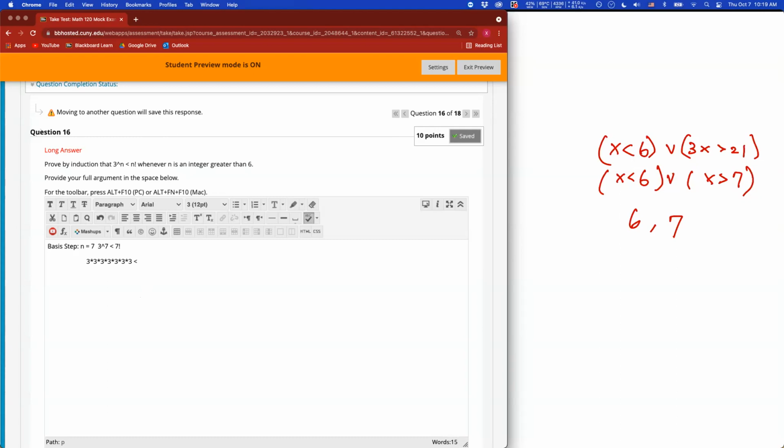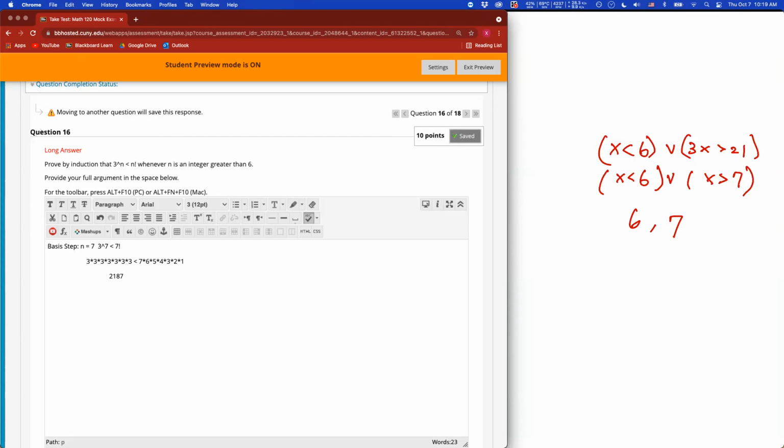You can use a calculator on the exam as long as you show all your work. Okay, so I see people say 2187.